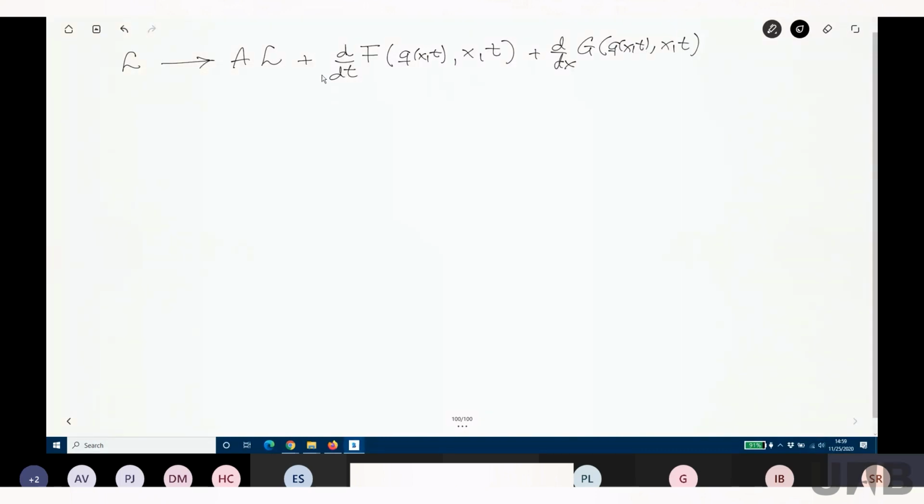And the reason is that this function is not going to modify the stationary principle, for the same reason as in the case of discrete systems. It's exactly the same story, right? Because this is a total derivative, it's going to be this thing at the upper end minus at the lower end, and therefore these boundary terms cancel when I take variations, right?